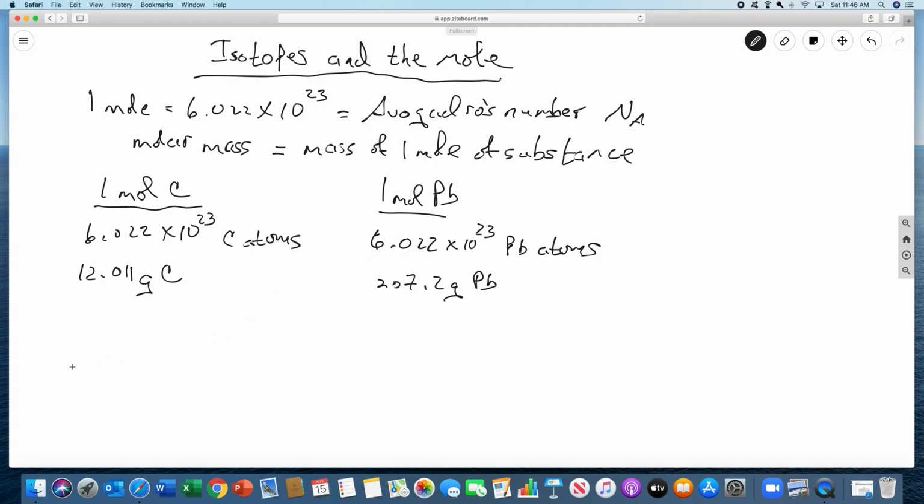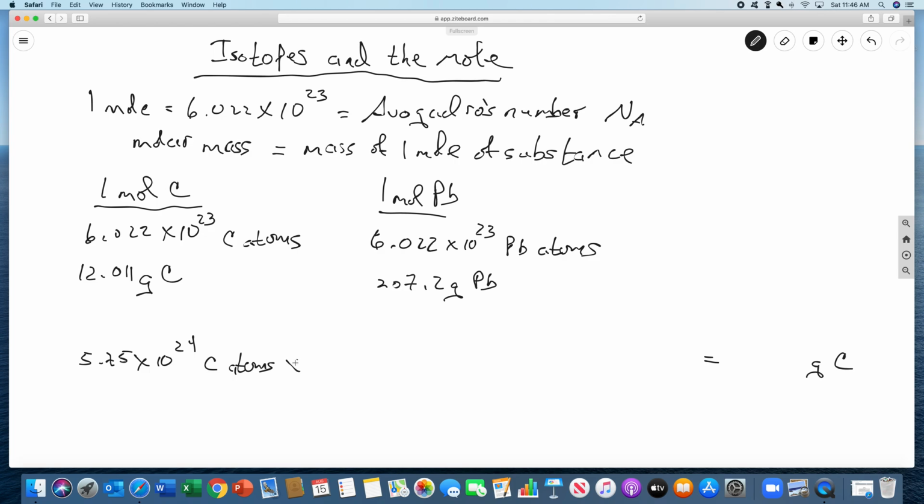So for example, if I was told I had, I don't know, 5.75 times 10 to the 24th carbon atoms, and I wanted to find out how many grams of carbon that is. And that's what's beautiful about the mole, is I can't count that many atoms, but I can weigh them. And that's what makes this really powerful.